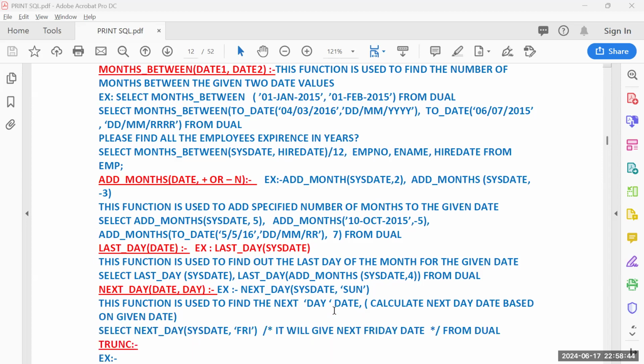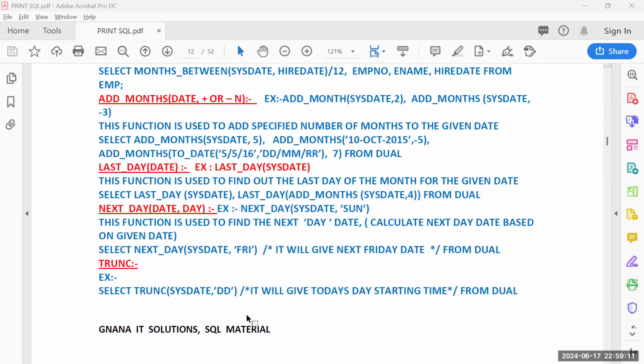Then NEXT_DAY: for the date you give, such as the current date, and a specified day from Sunday, Monday to Saturday, it returns the date of that next day.